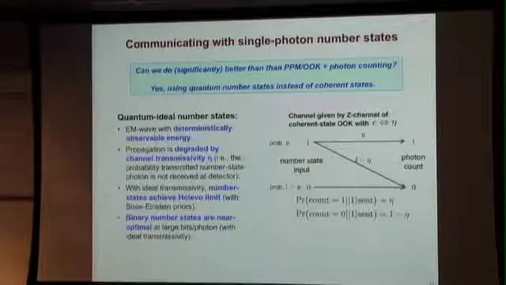And basically it's a channel model that's very much like the erasure channel model, ideal erasure channel for a PPM or an OOK channel, where a 0 without noise always gives you 0, but a 1 will give you a 1 if the transmissivity allowed it, or sometimes it'll get lost.